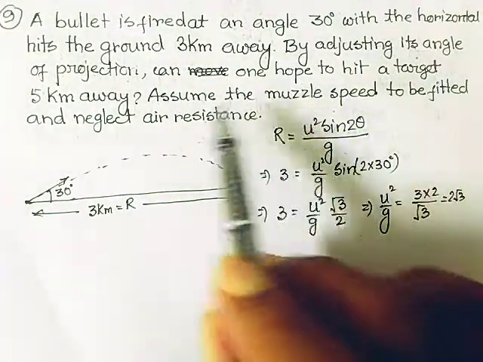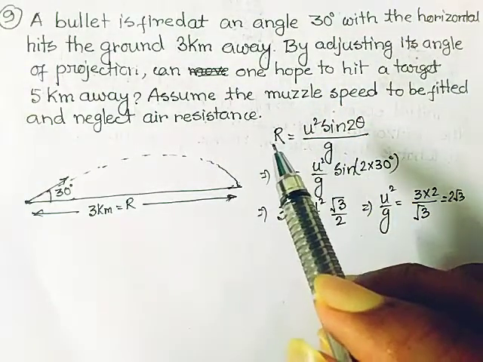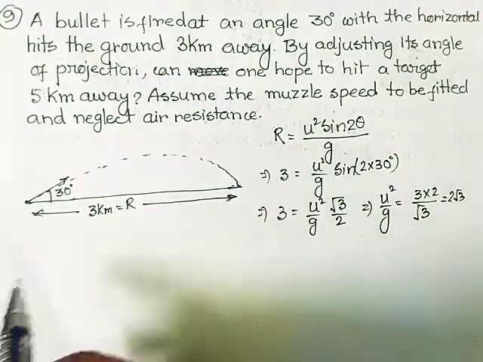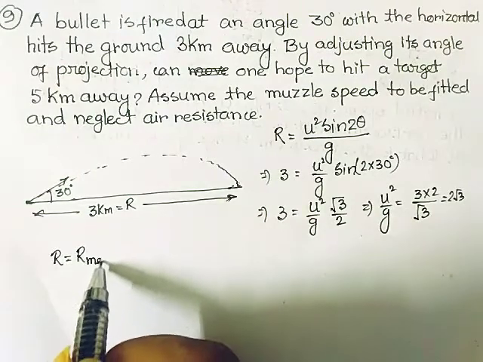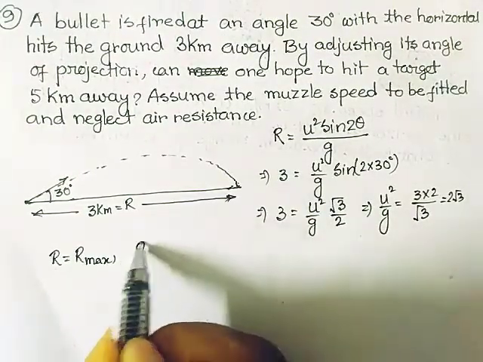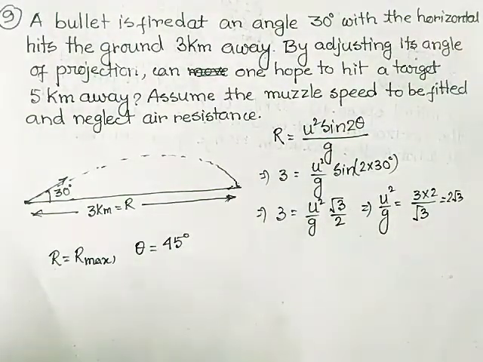Now it is said that by adjusting the angle of projection, one can hope to hit the target 5 km away. The condition of range becoming maximum is that the angle of projection is 45 degree. For the angle 45 degree, the particle can reach the R max.